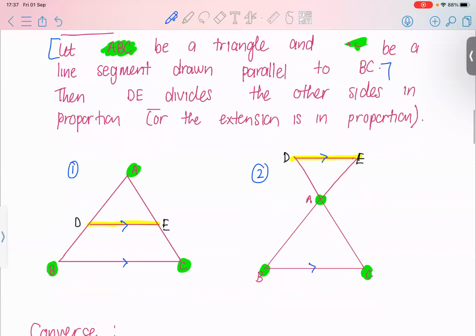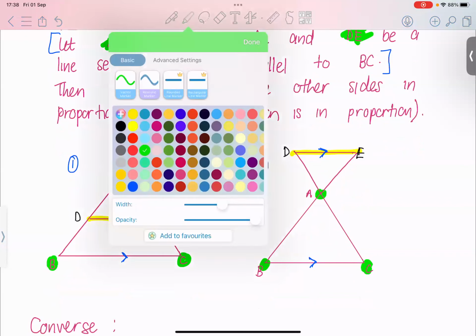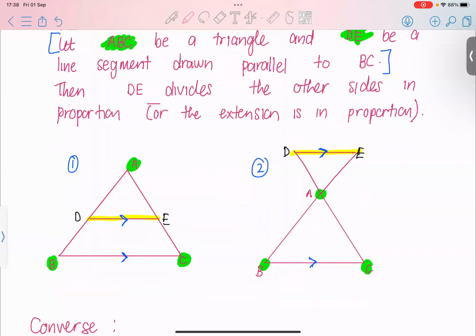So when we have these line segments drawn parallel to the one side, and hence the arrowheads indicating that it is parallel, DE is parallel to BC, it turns out that we can show that DE in fact does something very special. It divides the other two sides of the triangle. In this case, what are the other two sides? The other two sides here would be AB and AC.